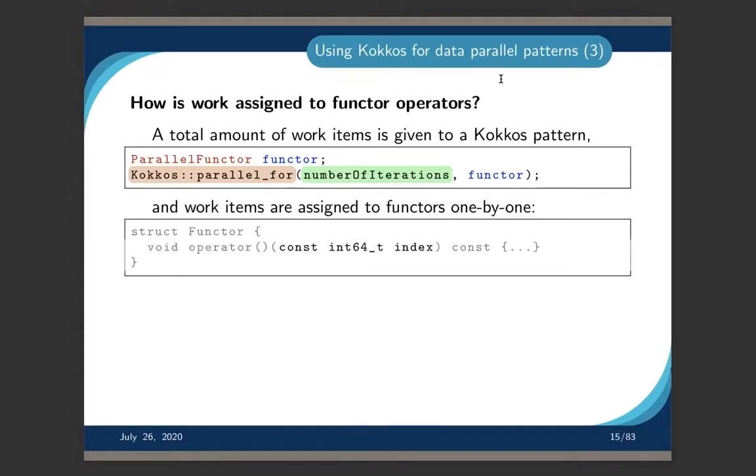Now I said the identifier for a Kokkos unit of work is the index, right? So that means in the normal, simple base case, the operator of your functor essentially just needs to accept that kind of index, right? So it gets the loop index.